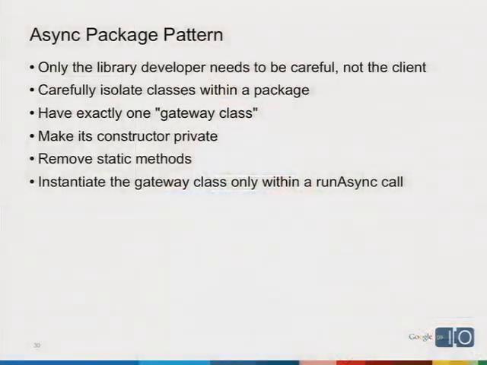Make sure that the only way to create that gateway class is inside a run async somewhere. If you can write your app using this pattern, you're in pretty good shape, because you can only get at the functionality through the gateway, and the gateway is only constructed inside a run async. So therefore, there's no way to access the code except after a run async has been called.